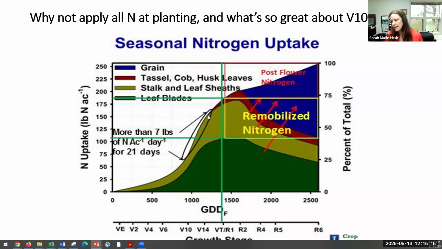But then the interesting thing is, after that period, even though the corn plant continues growing well into the summer, a lot of the nitrogen is just moving around within the plant, and the actual uptake from the soil is not very much. So you could see that all this nitrogen that was taken up is actually just being remobilized from the leaf and the stalk into this blue area, which represents the grain.